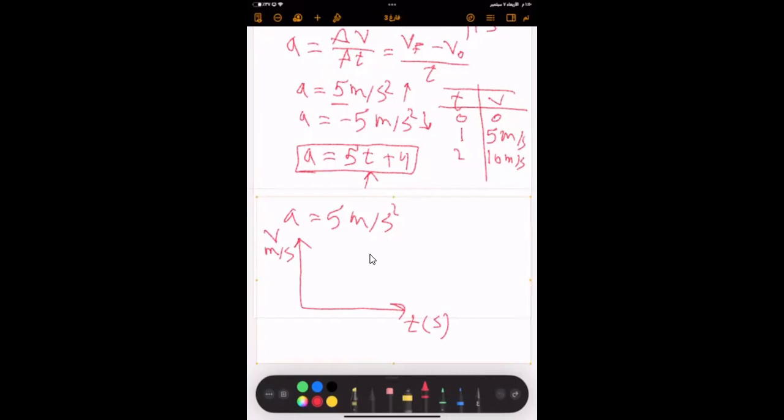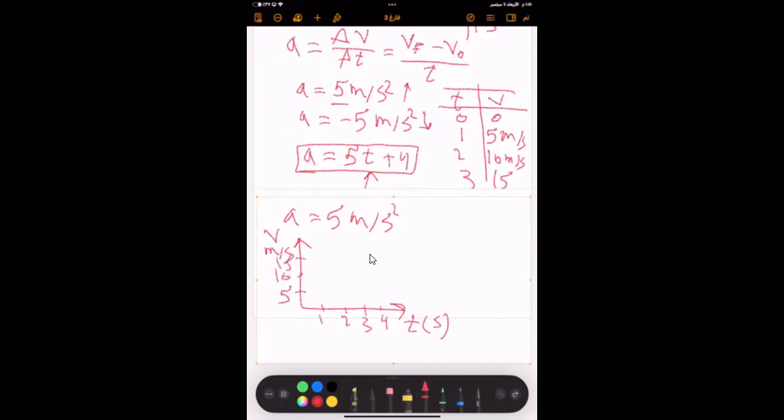From this table, for this example, t equals 1, 2, 3, 4, v is 5, 10, 15, increasing, as we said, 5 meters per second each second.